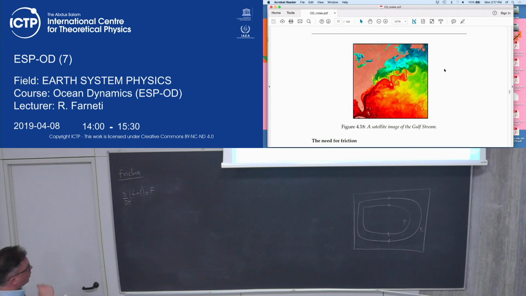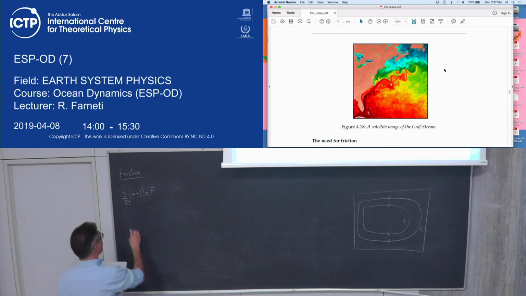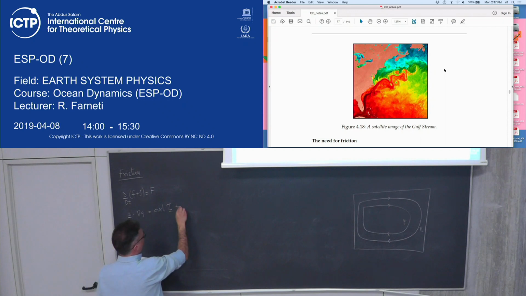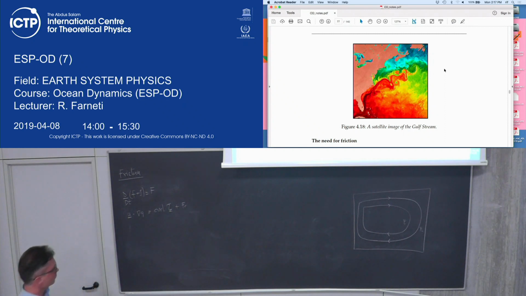the conservation of PV. Where F is any source of, well, you can put the wind stress curl there and friction. So this is obeying the equation, plus some friction.